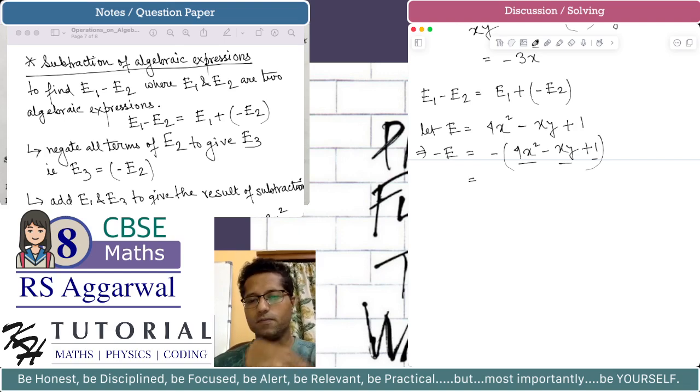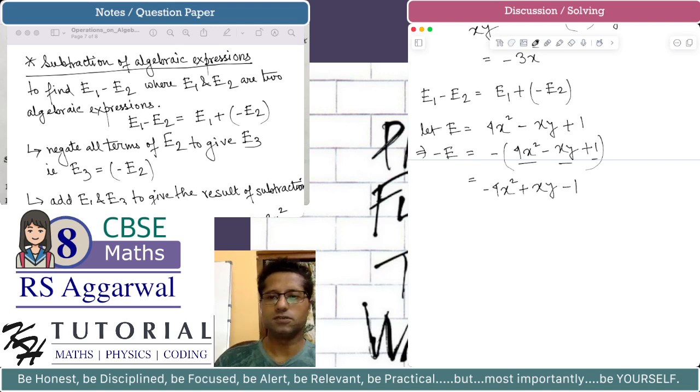So 4x square becomes minus 4x square, minus xy becomes plus xy, and plus 1 becomes minus 1.